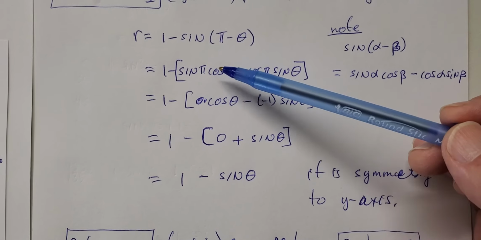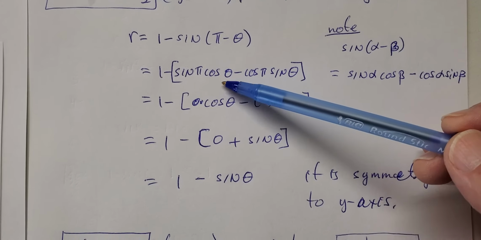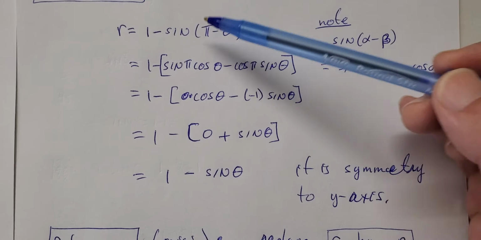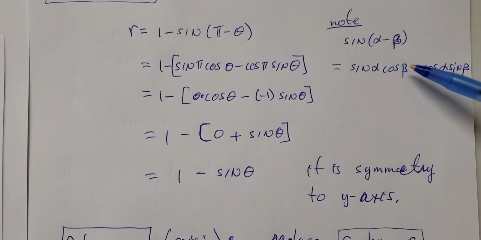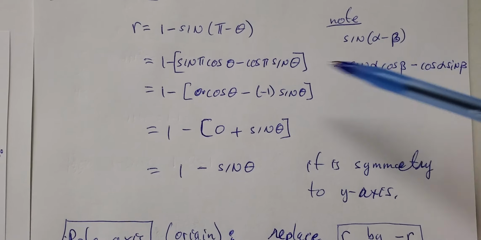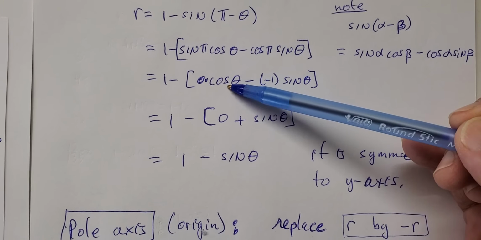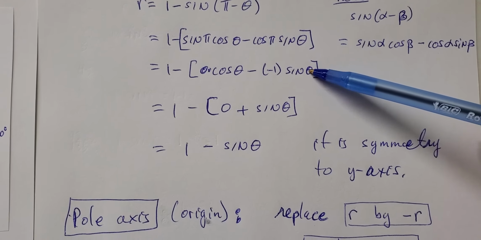So sine alpha, sine theta, sine pi, cos theta, cos pi, sine theta. Replace it by this identity, which is the sum and difference identity. Okay, so we know sine pi is 0. Cos theta, we don't know. Cos pi is negative 1. Sine theta, we don't know.